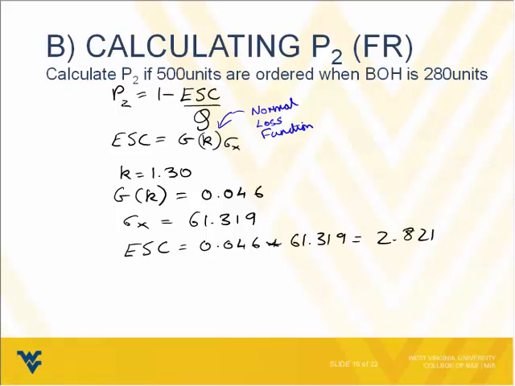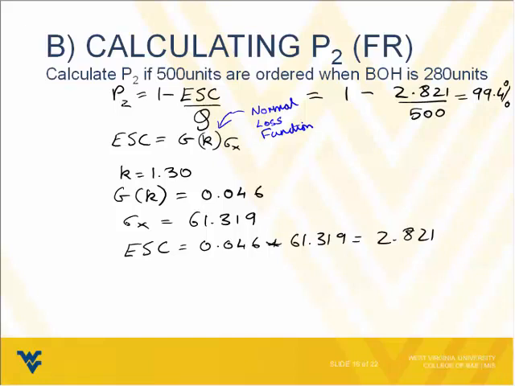That tells us that every cycle we're going to stock out by about 2.8 units on average. So for our P2, it's 1 minus 2.821 divided by our Q, which is 500, which is a 99.4% fill rate.